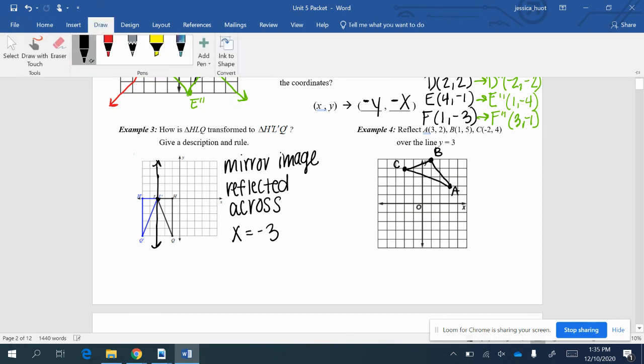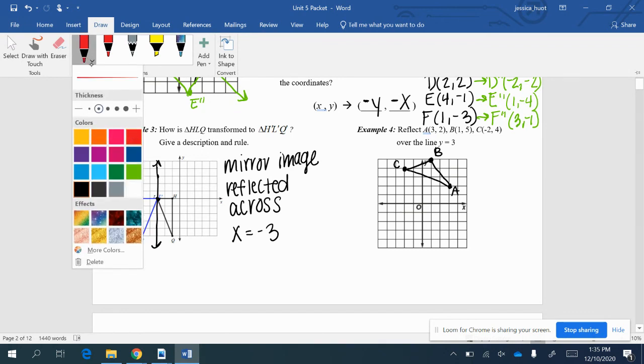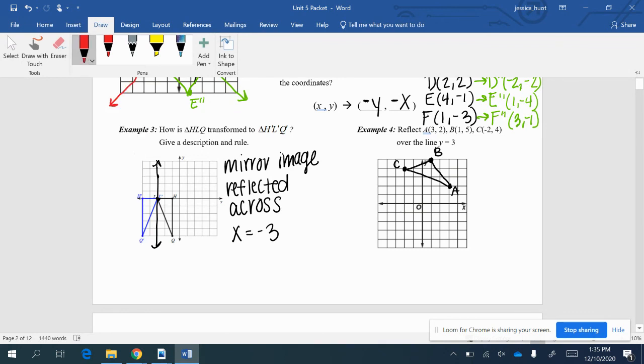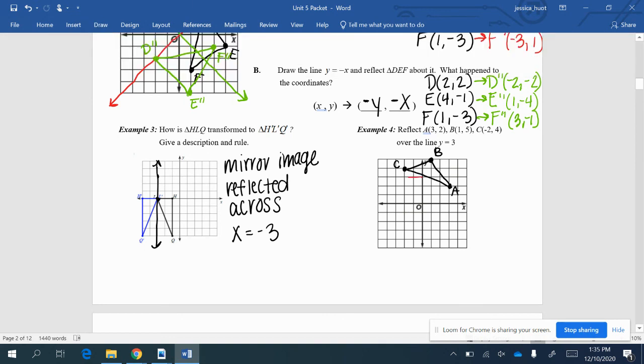So we were reflecting across the line y equals 3. If x is a vertical line, y equals is a horizontal line. So go to 3 on your y-axis. This is our line of reflection.